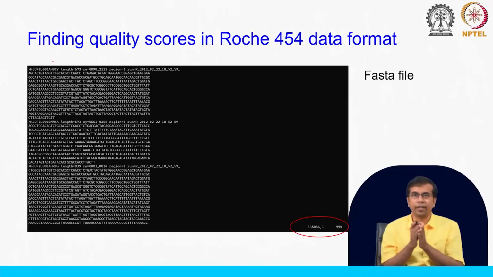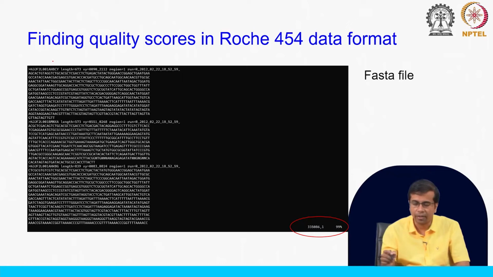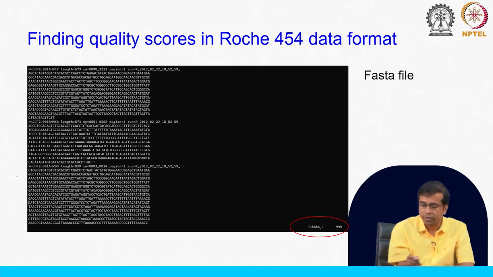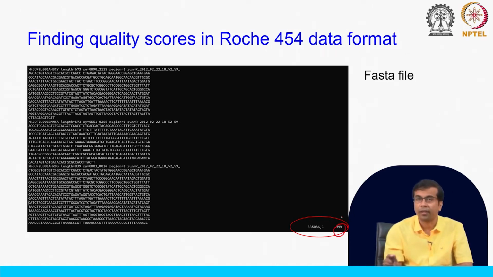Here is an example. You see here the sequence file in FASTA format, where you have the read data, and probably you have reached about 99%. This is in a Unix terminal, so it shows you the percentage of the file that you have already covered. We have covered already 99% of the file.